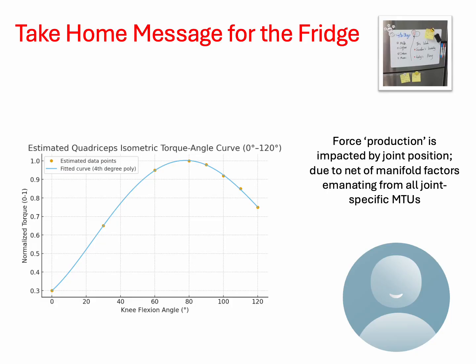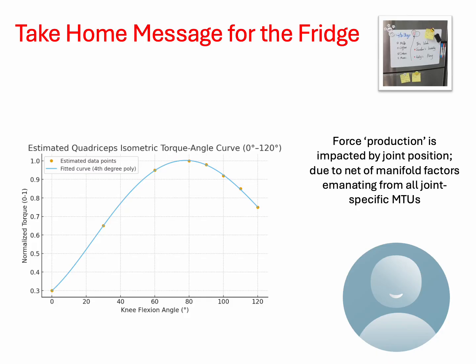I want you to understand, and hopefully you can appreciate this by now, that force production is impacted by joint position, but that this is due to not only actin and myosin overlap, it's due to a net of manifold factors emanating from all of the joint-specific MTUs.